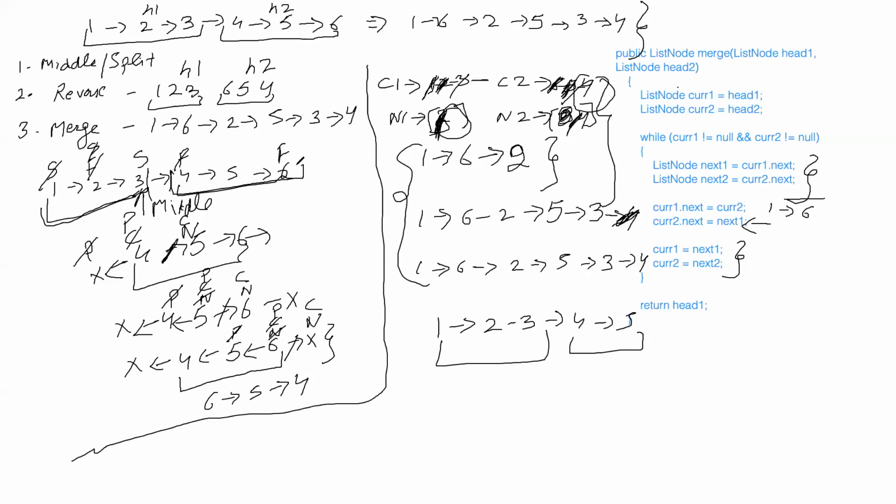Okay, so when you merge them, you prepend it to the head. The key is to prepend it to the head, not to append. So you keep prepending to the head, and at the end, you have 1 and 4. That would be the head of the linked list.